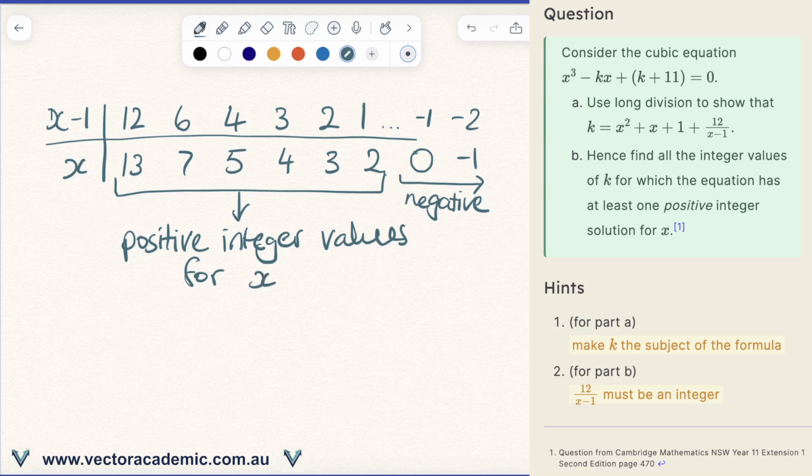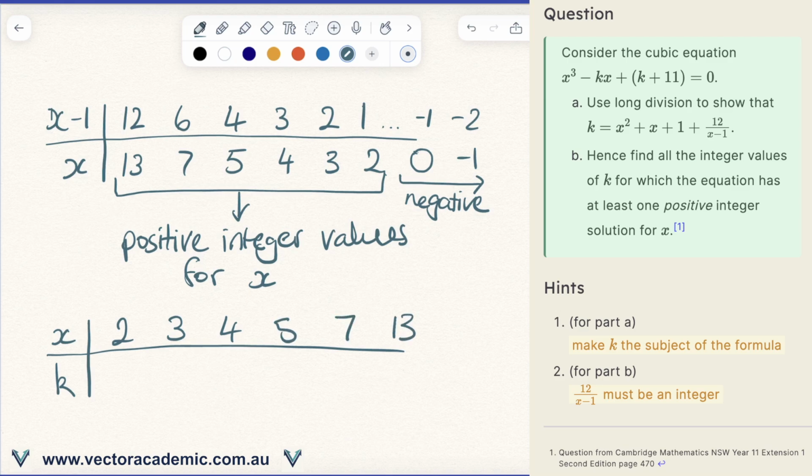And our question does ask us for the values of k. So we have to work out for each of these values of x what the corresponding value of k would be. I'm going to do them in ascending order: 2, 3, 4, 5, 7, and 13.